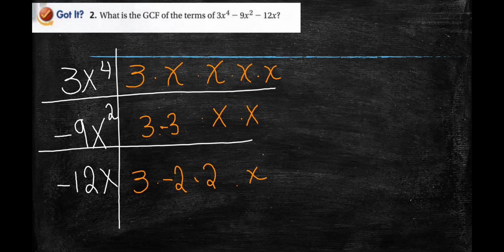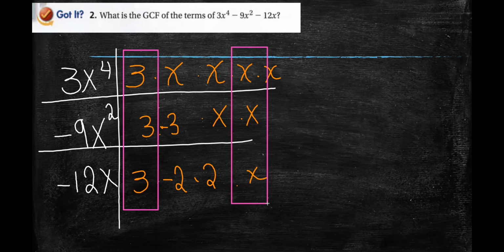Now, what are the common? 3. Are they common? Yes, 3 is common. And the x. Look at the x's here. Are they common? Yes, teacher. We have 1x. 3 and x.